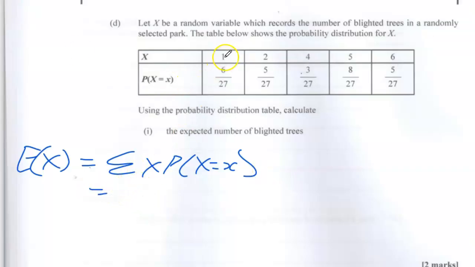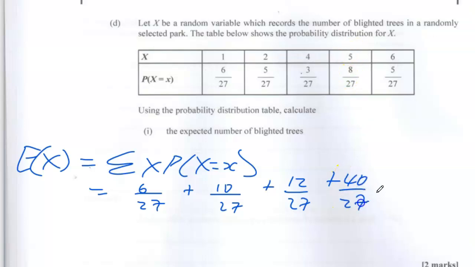So multiply each x value times the probability and add. So 1 times 6 over 27, that's 6 over 27. 2 times 5 over 27, that's 10 over 27. 4 times 3 over 27, that's 12 over 27. 5 times 8, that's 40 over 27.